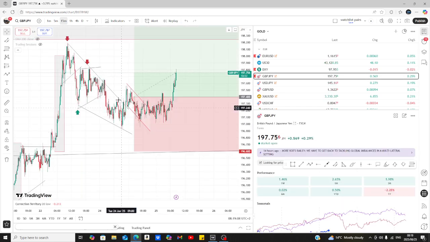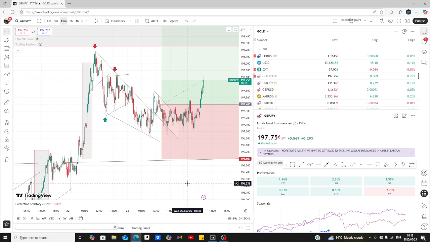GJ is currently working out quite well. If you remember, I spoke about this yesterday. I said that after correction, we'll look for the breakout, and the breakout happened. Then there was a lower time frame correction, and then there was a breakout from that lower time frame correction.